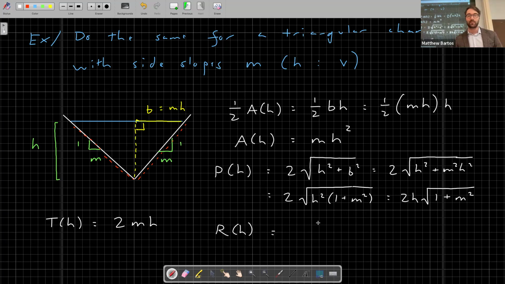If we carry out that division, we get m times h divided by 2 times the square root of 1 plus m squared. Okay, any questions on how I got these hydraulic geometries?